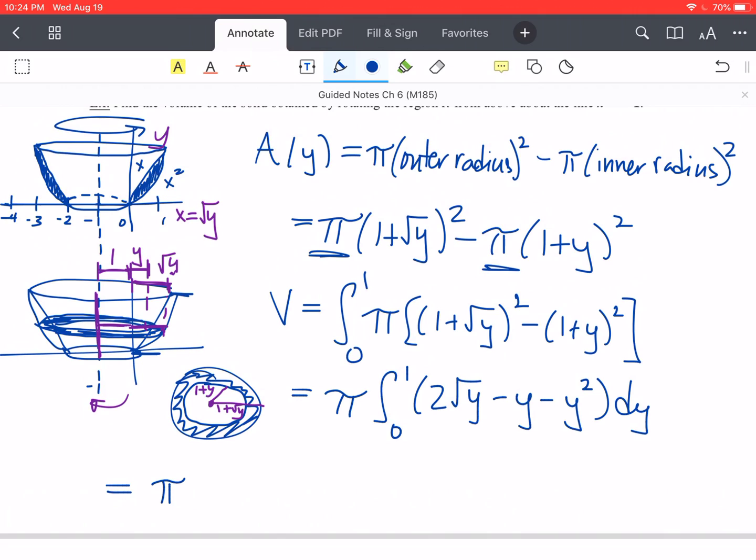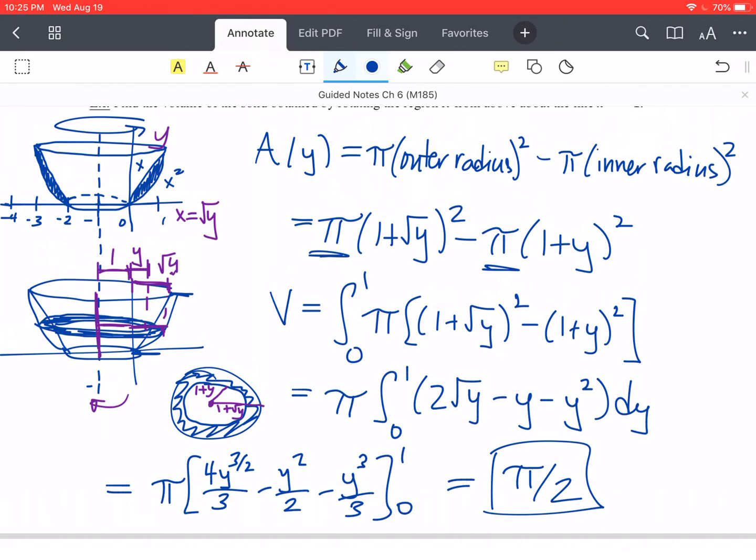Which gives us, when you take the antiderivative, that's pi times 4y to the 3 halves over 3 minus y squared over 2 minus y cubed over 3. So a lot of fractions in here. From 0 to 1, evaluate those, and you get pi over 2.